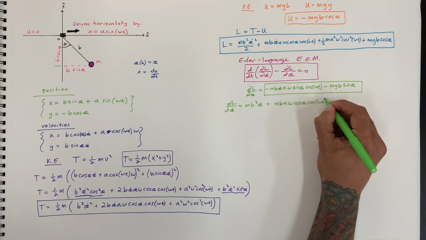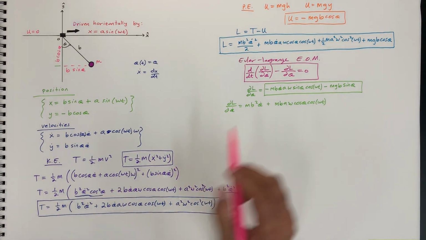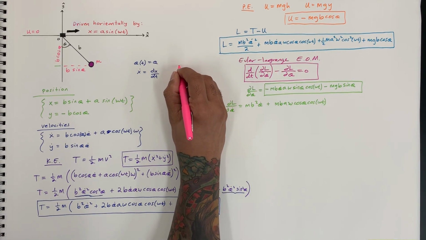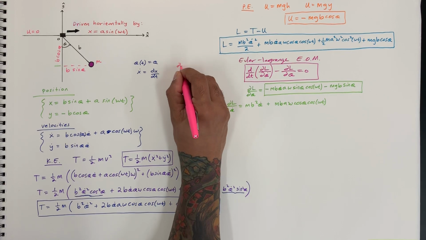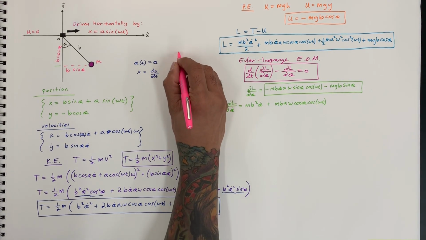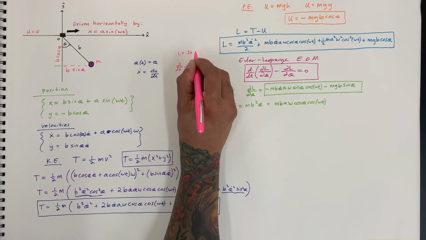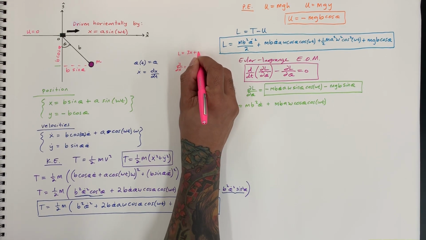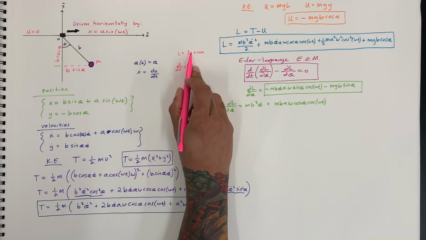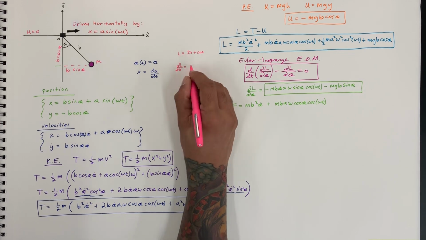Okay, and again, if you're confused about this part, let's think about if we have the partial of L with respect to x, and let's say the Lagrangian was 3x plus cosine theta, then all we're interested in is the x term, and if we take the derivative of 3x, then it's just going to be 3.